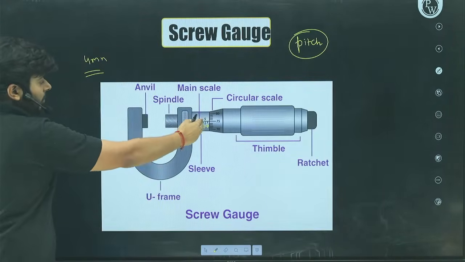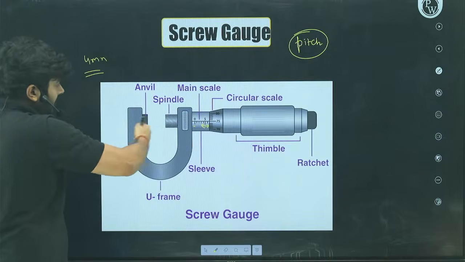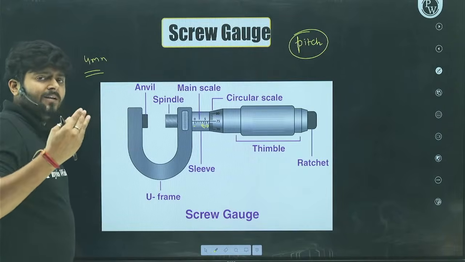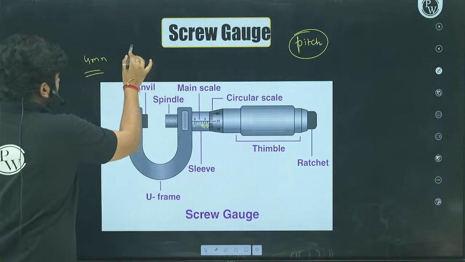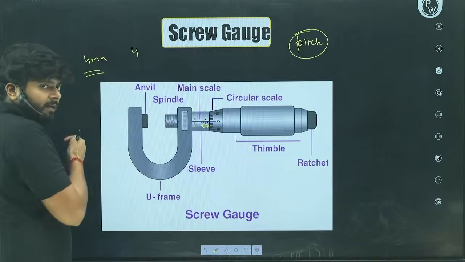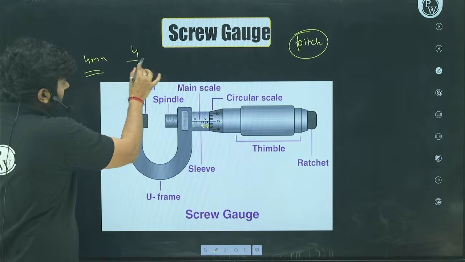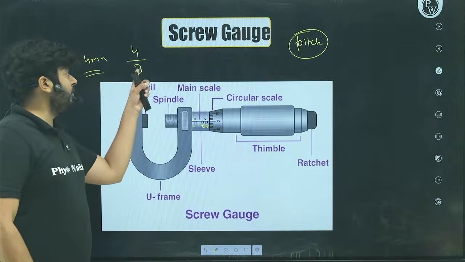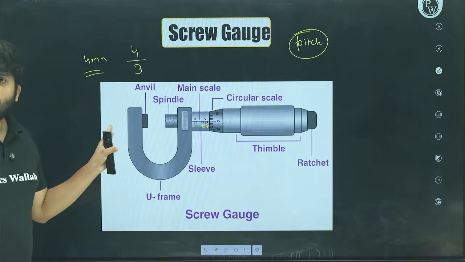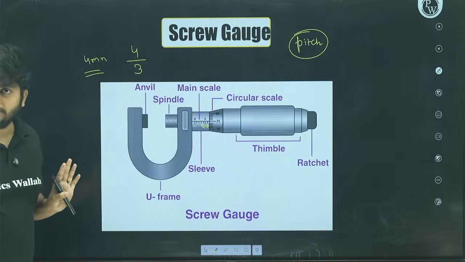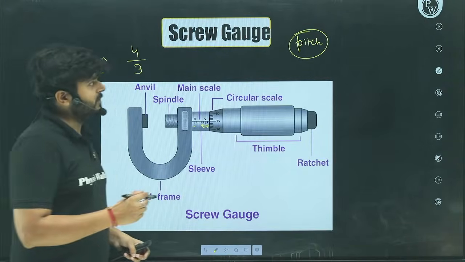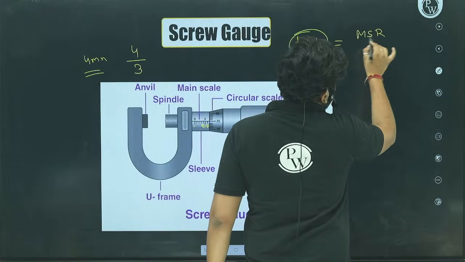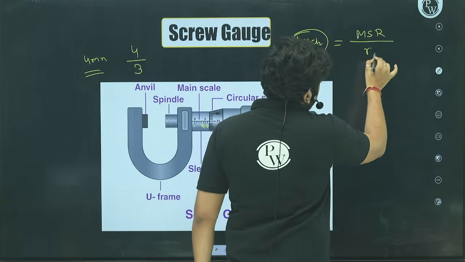It is moving 4 mm further in 3 rotations. How far will it go in one rotation? So in 3 rotations it is moving 4 mm further, so in one rotation, it will move 4 upon 3, right? That is the pitch. So pitch is nothing but the main scale reading upon the number of rotations.